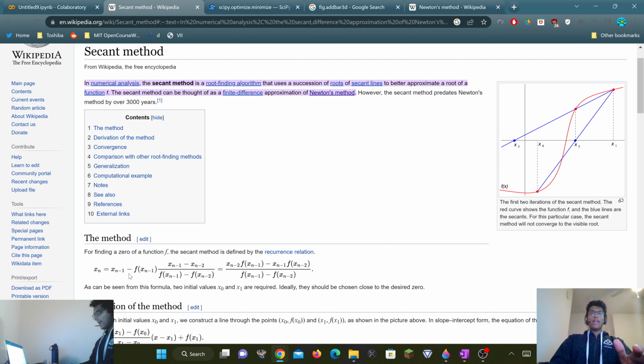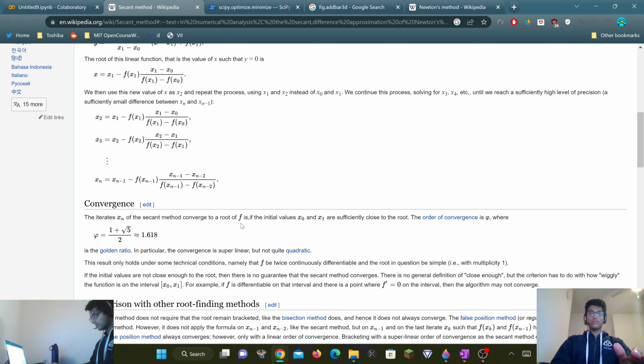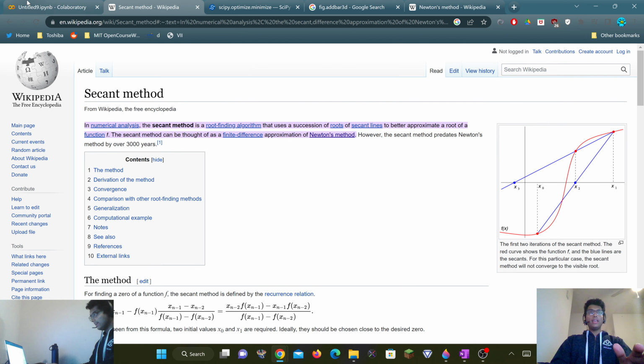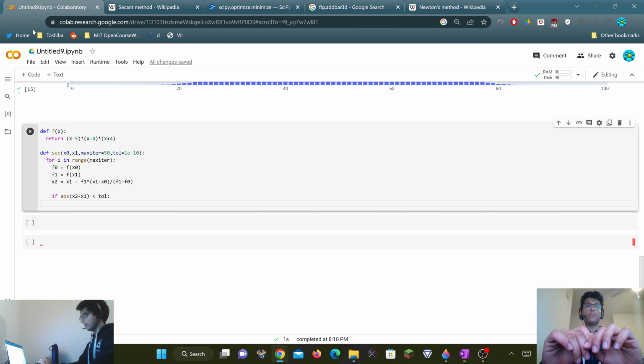There we go. And then to know if this converges, what we're going to want to do is see if the difference between x2 and x1, so our second guess and our actual zero, is less than our tolerance. So we're going to say if the absolute value of x2 minus x1 is less than our tolerance, then what are we going to do?